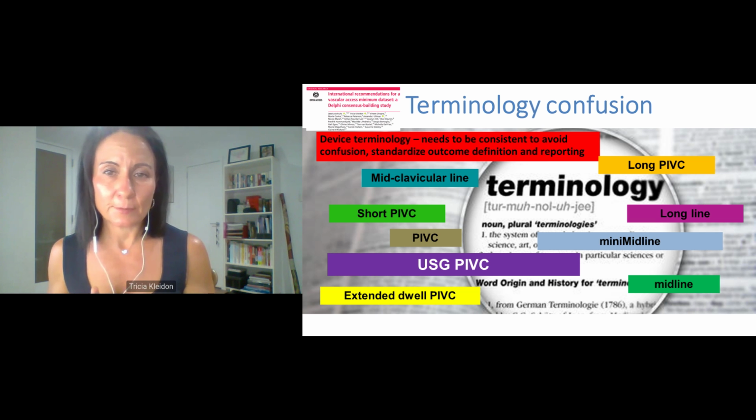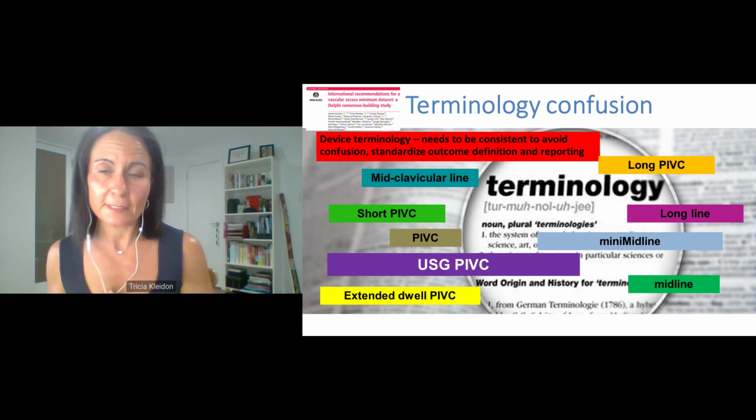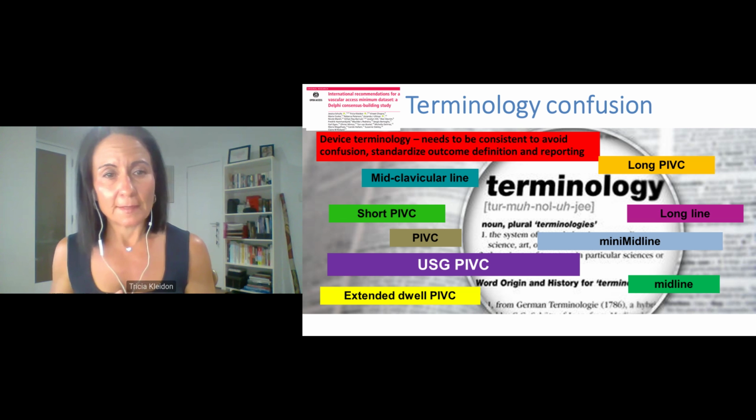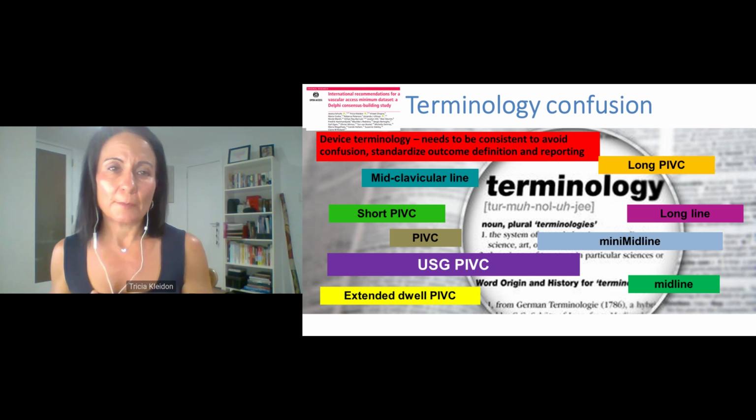And so one of these things was defining peripheral intravenous catheters, because as you can see on this slide, there are multiple terms used to describe peripheral intravenous catheters. So vascular access clinicians, many of these things mean different things and some of them mean the same. So what was a long peripheral intravenous catheter or extended dwell peripheral intravenous catheter?